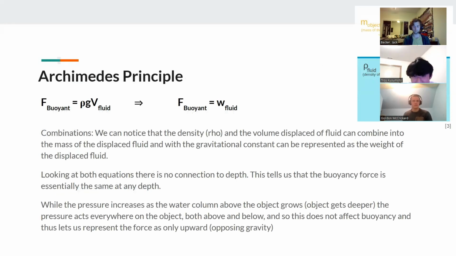Archimedes' principle lets us manipulate the equation from rho g V into the weight of the fluid. We can do this because rho times the volume equals mass, and mass times little g equals weight.